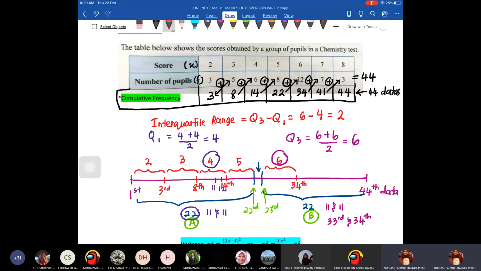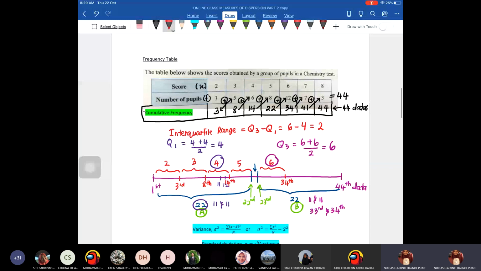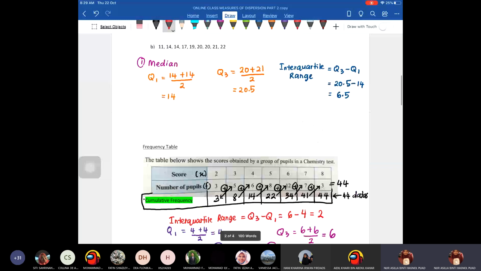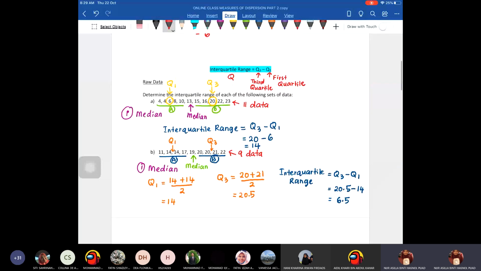Okay. So now we recap how to find the interquartile range. If you have raw data, then there's no problem.